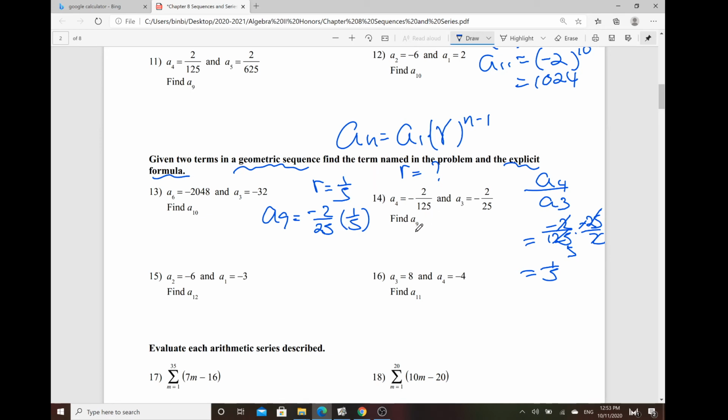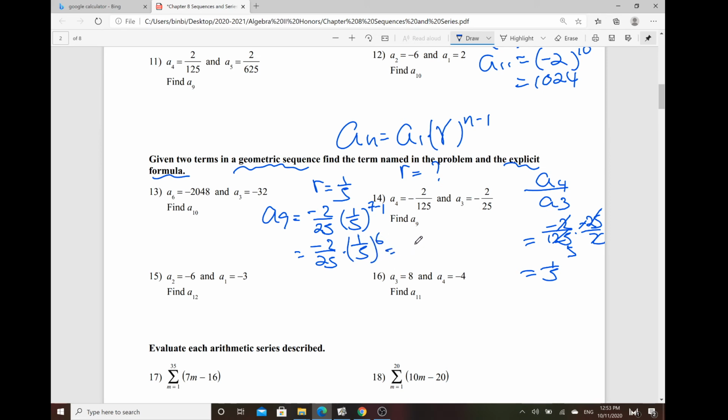From 3 to 9, how many terms are there? Totally that would be 7 terms. So 7 minus 1. You might be saying that's 6 terms, but according to the initial term, you want to count that as well. So 7 minus 1. So negative 2 over 25 times 1 over 5 to the power of 6.